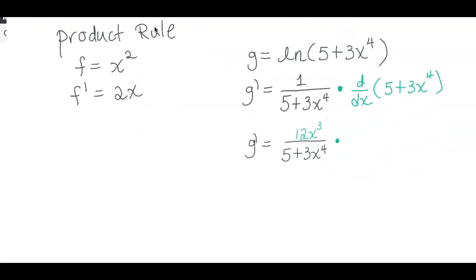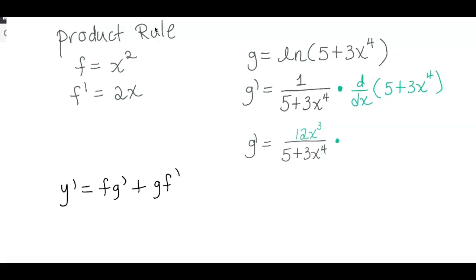Let me write down the product rule real quick. The product rule is first times the derivative of the second plus second times the derivative of the first. That is how we will find y prime.